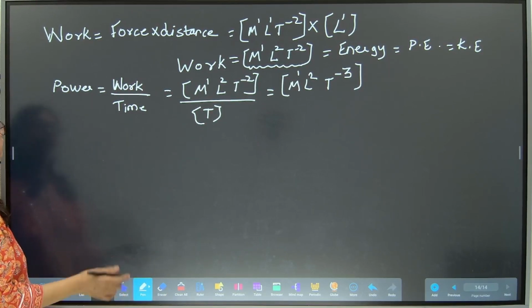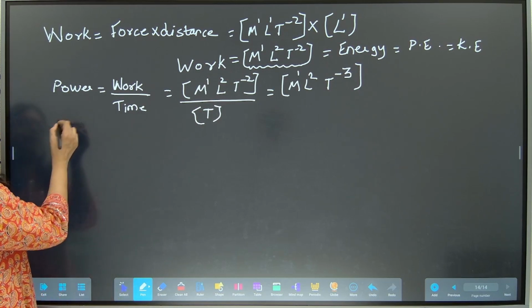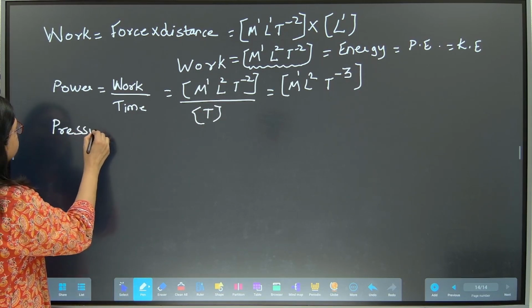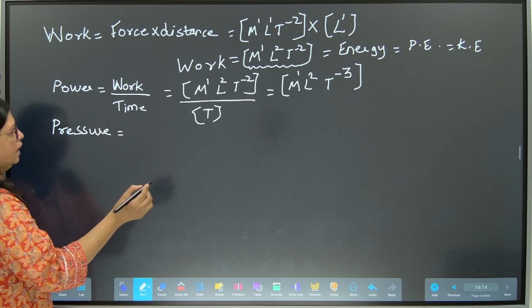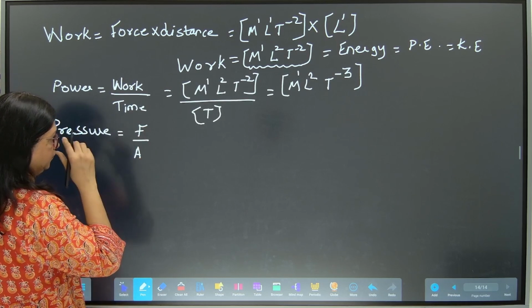Now after power, I'm just thinking by myself naturally, we can go to pressure. Pressure is force upon area, correct?